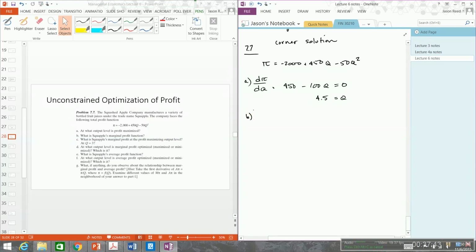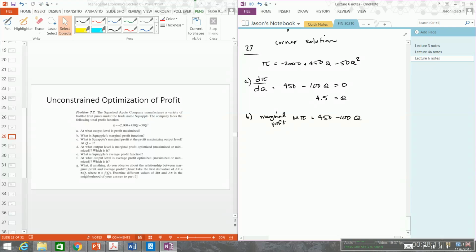And so B, what is Squaple's marginal profit function? Well, the marginal profit function is just marginal profit is equal to 450 minus 100Q. That's it. This is our marginal profit equation. So what is Squaple's marginal profit at the profit maximizing level of output?